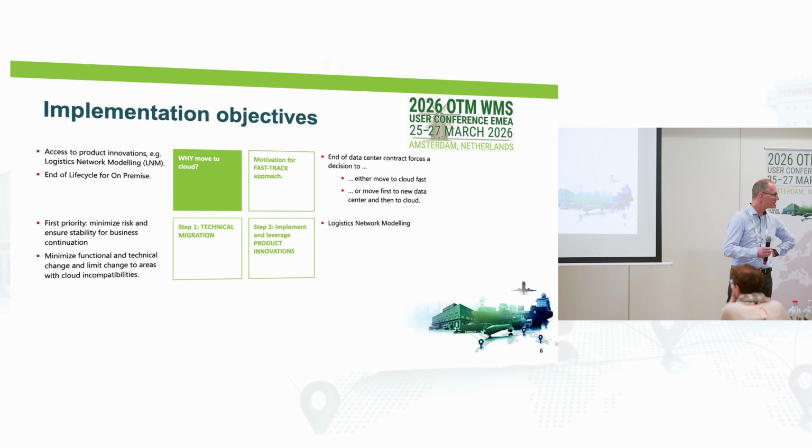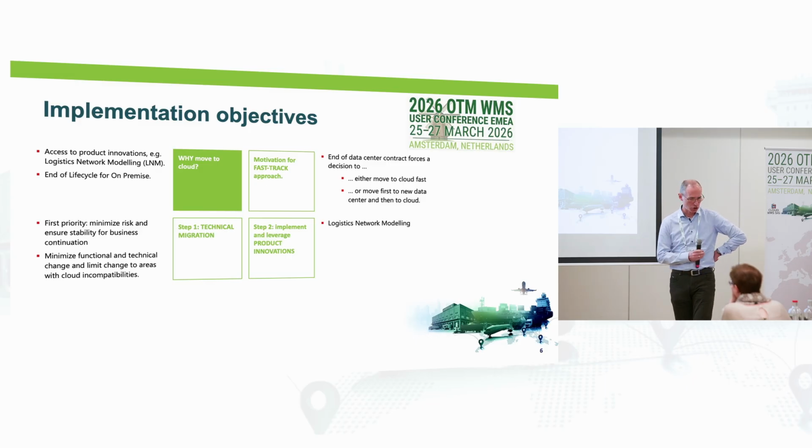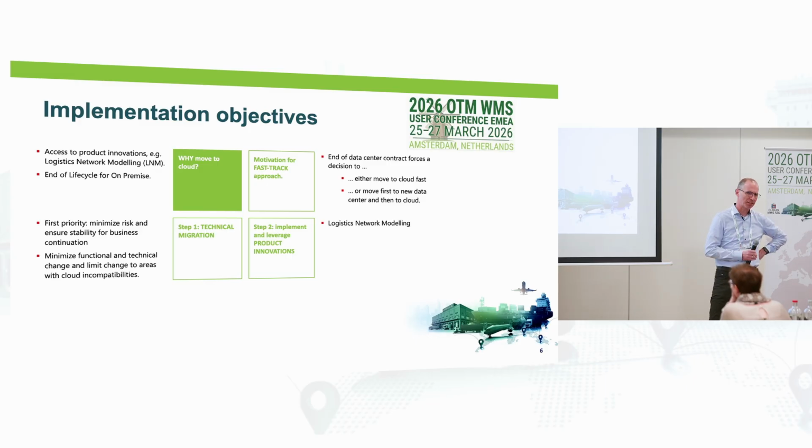On top of that, the end of life cycle was also announced, so this gave an additional push. So we made our plans in order to move into cloud, and then things came differently, and it got clear that we will not extend our data center contract, and we had to take a decision. What do we do?